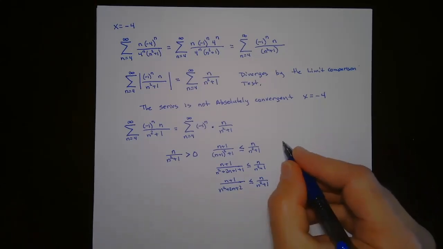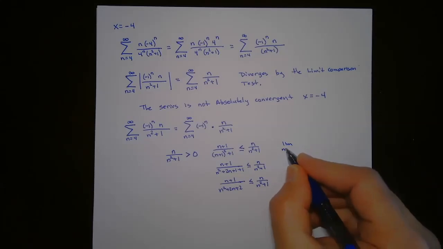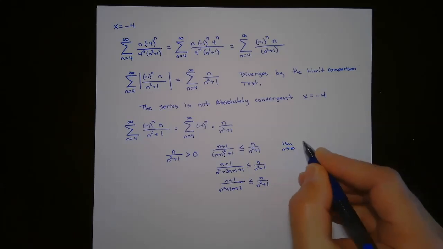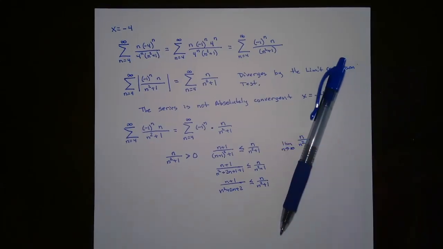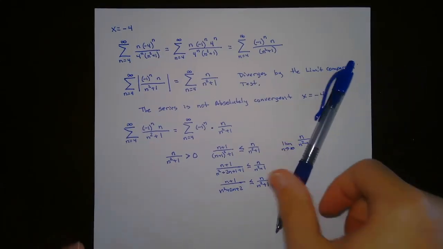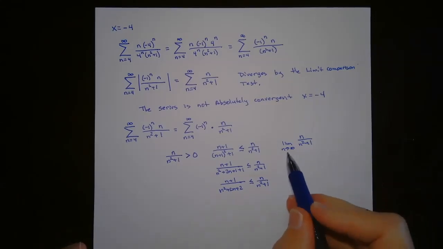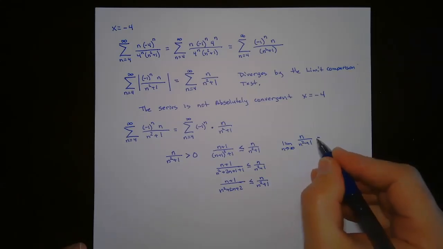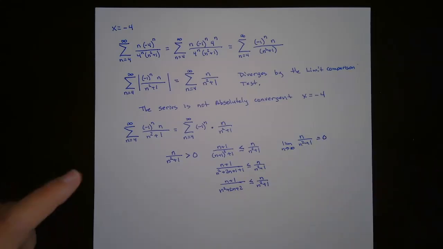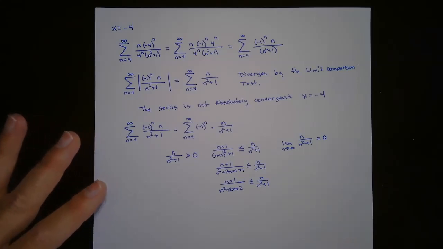And then we have to do the limit as n goes to infinity of n over n squared plus 1. What happens? We're really comparing n over n squared. The denominator grows faster, so this also goes to 0. So what do we know about the series? It's converging.